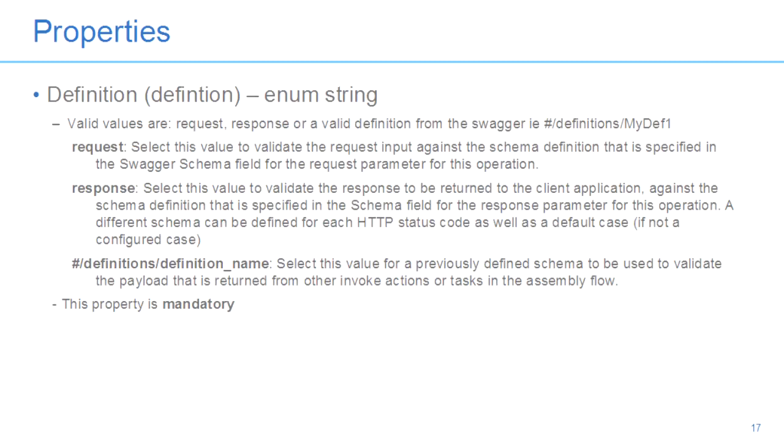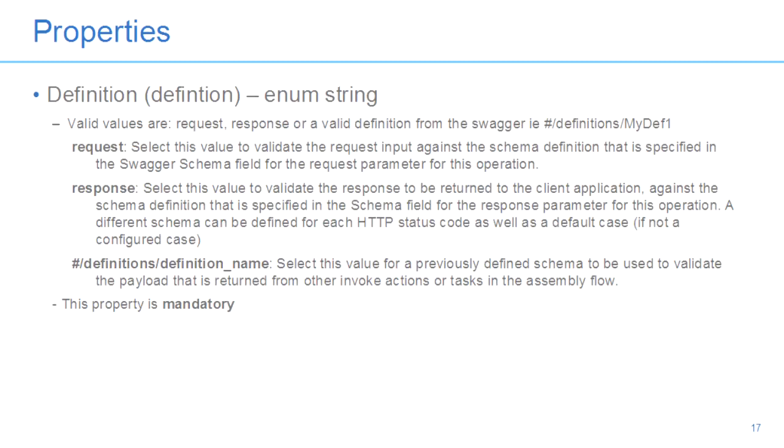If you set it to response and you want to validate the response going back to the caller, or from an API, then you can specify response, and it will go and look in the Swagger for the different status codes. So if you get a 200 back, you may want to use a different schema than for a 404 or a different HTTP status code.